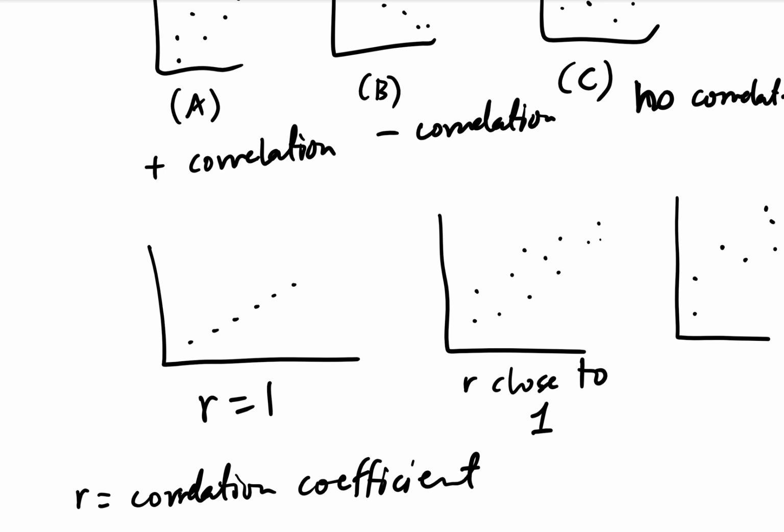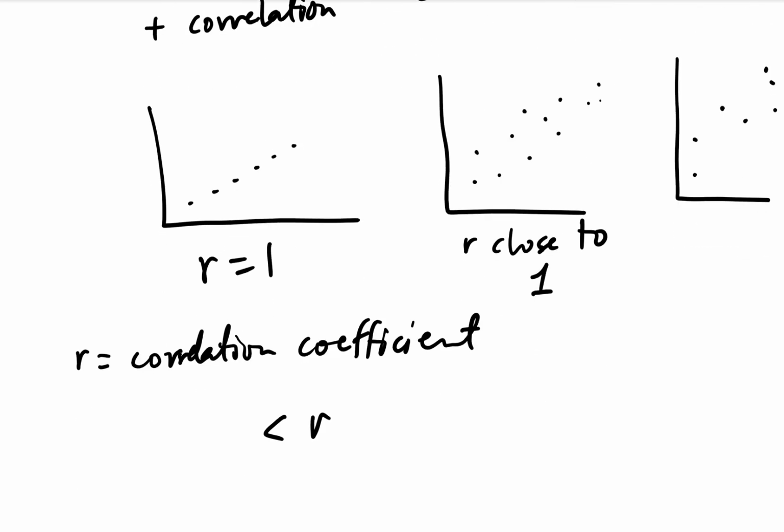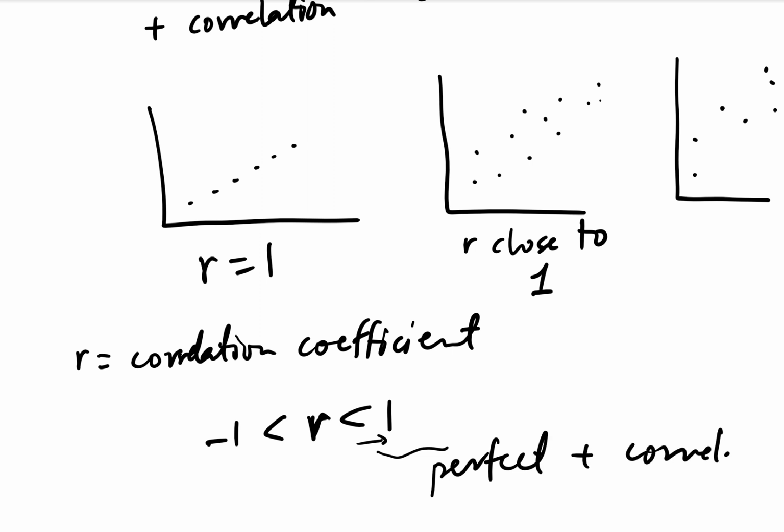This one, the uglier the data is, the closer R is to 0. So basically R can run from -1 to 1. The closer to 1, the more perfect the positive correlation. If you go the other way, close to -1, you will get a perfect negative correlation.